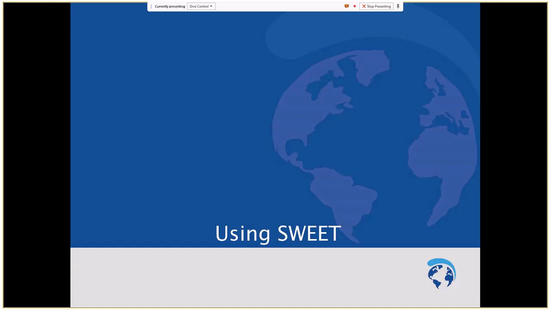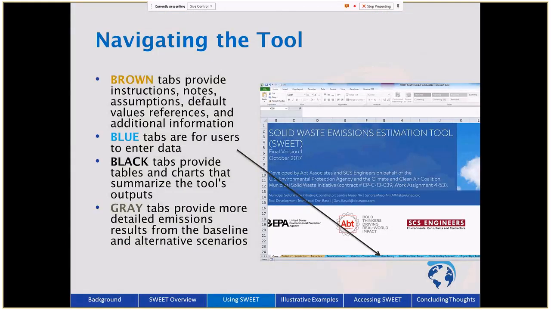The next few slides provide some information on how you can use Suite. In terms of navigating the tool, it consists of about 20 different tabs, and the tabs are categorized according to color. Brown tabs provide notes and instructions and contextual information.